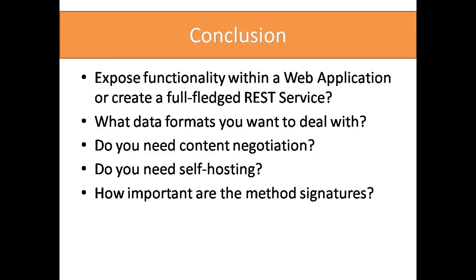Web API decides the data format automatically based on accept header. MVC controller, on the other hand, requires you to explicitly specify the data format, action result or JSON result, while writing the action methods.